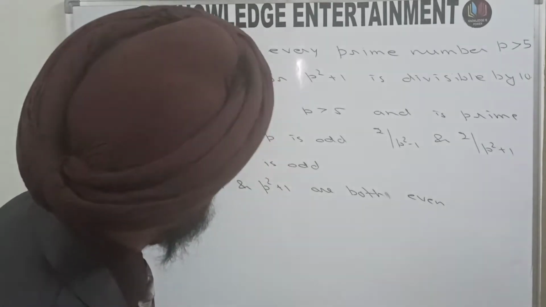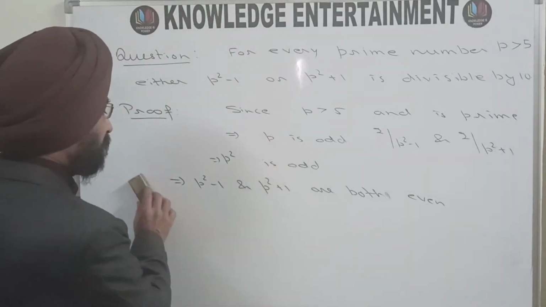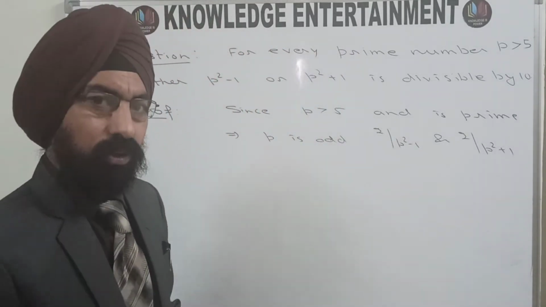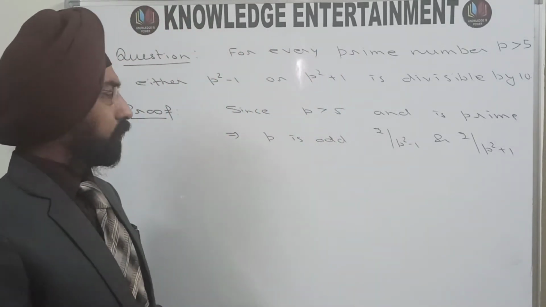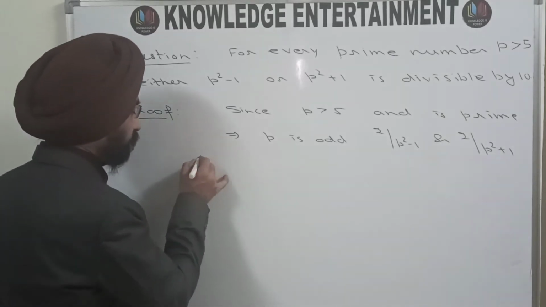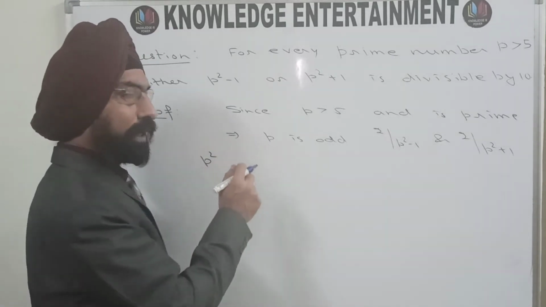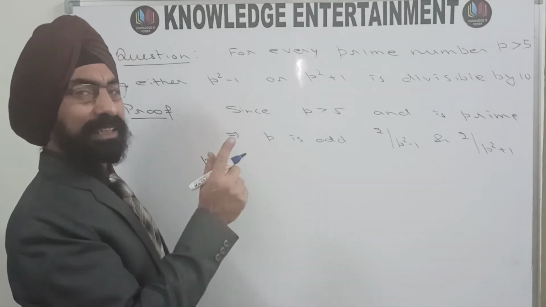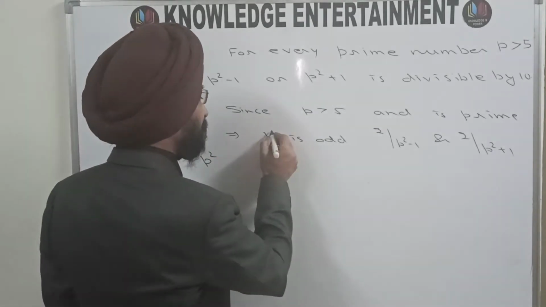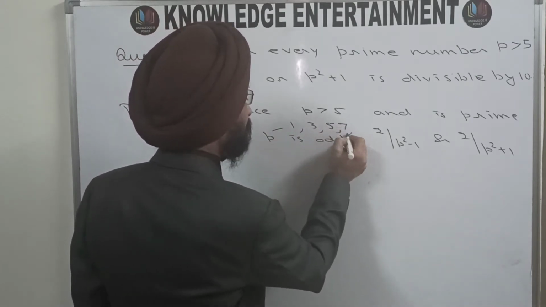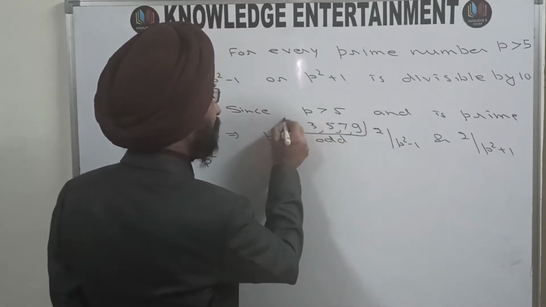Now p is odd. So what about p square now? If p is odd, its last digit is 1, 3, 5, 7 or 9.